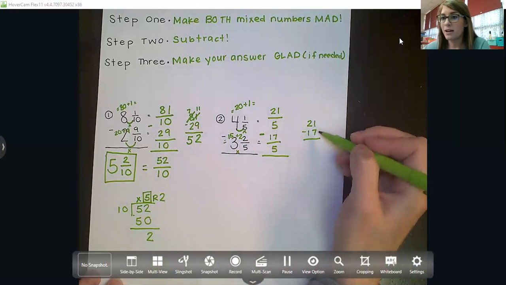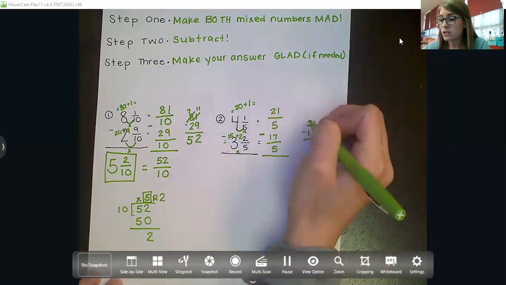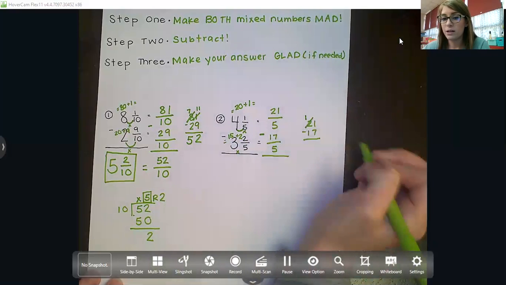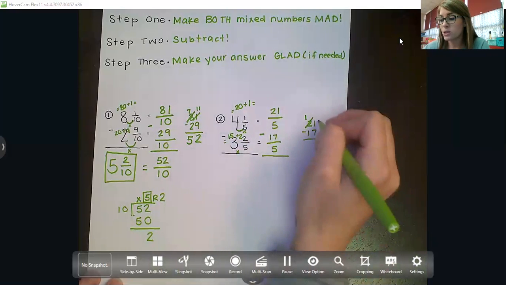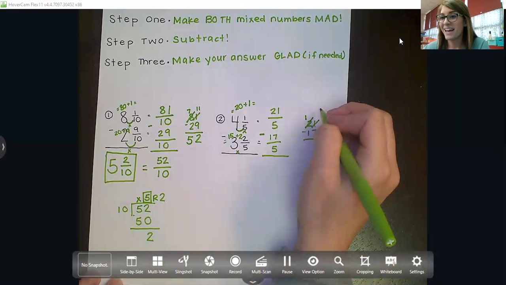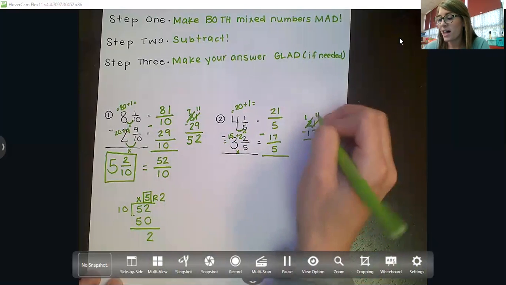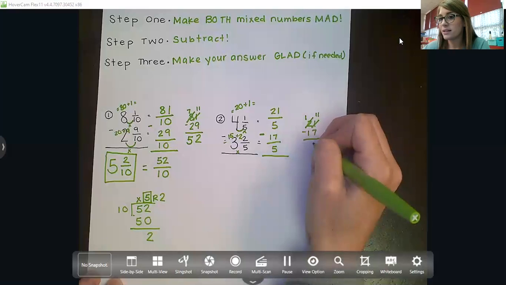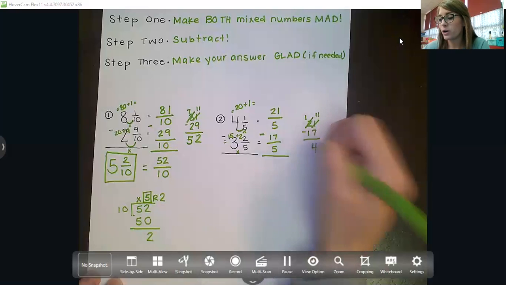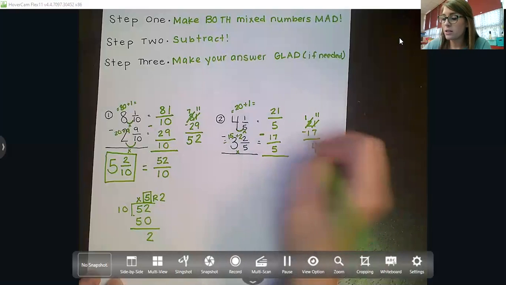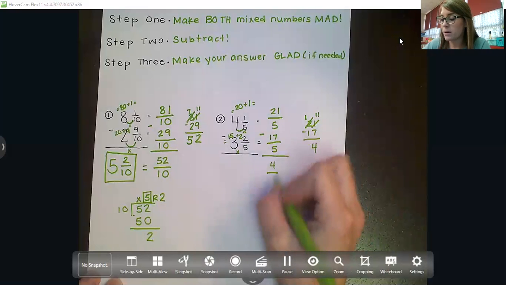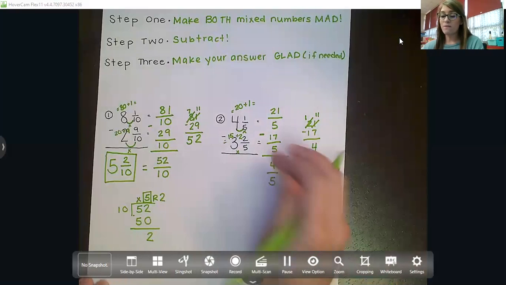1 minus 7, I cannot do that. So I'm going to borrow from this 2. It will become a 1, and this 1 will become an 11. Very good. 11 minus 7 is 4. Great job. All right, so we've got 4, and my denominator is 5. So we've got 4/5.